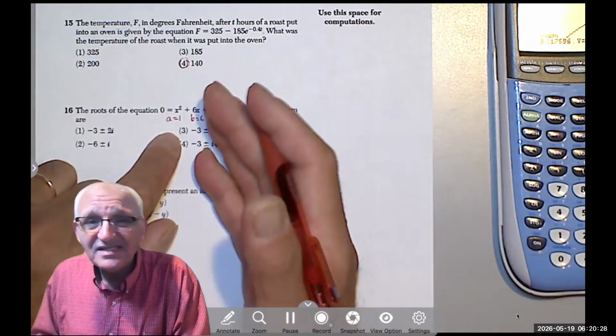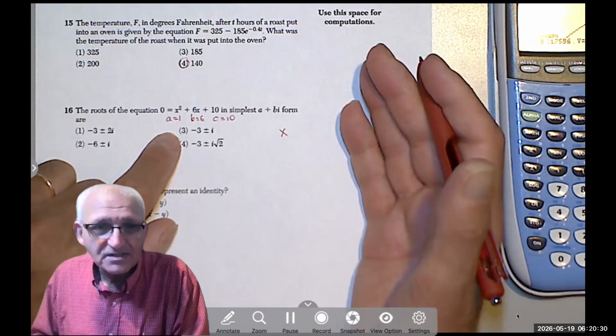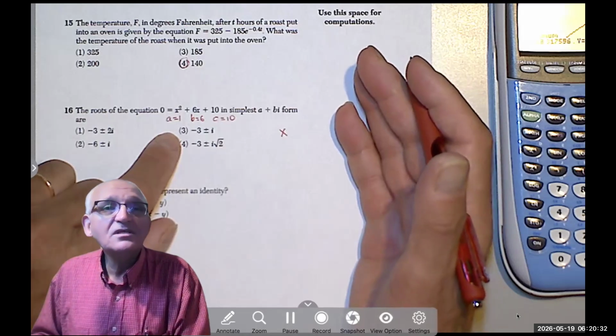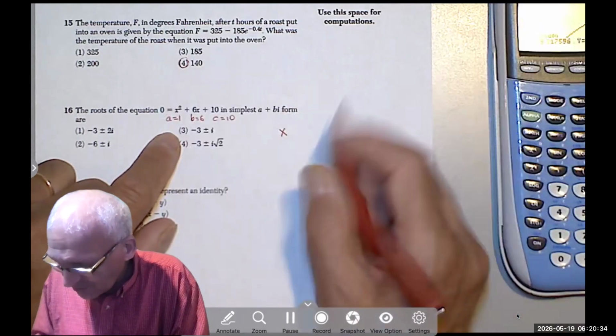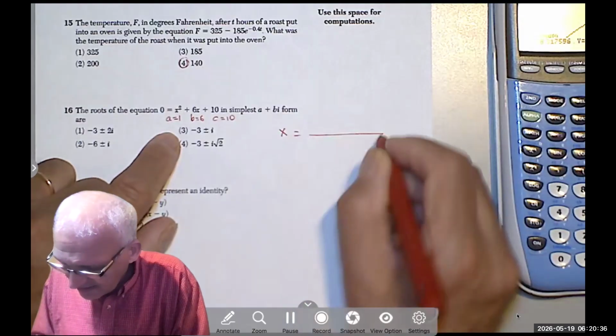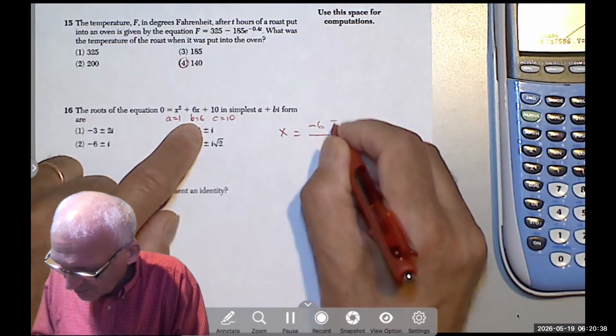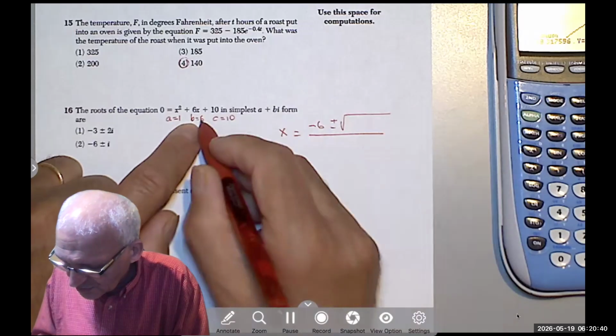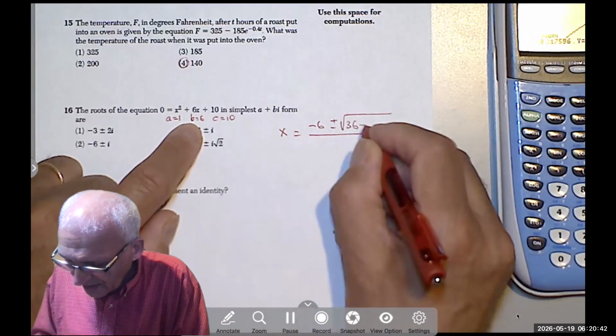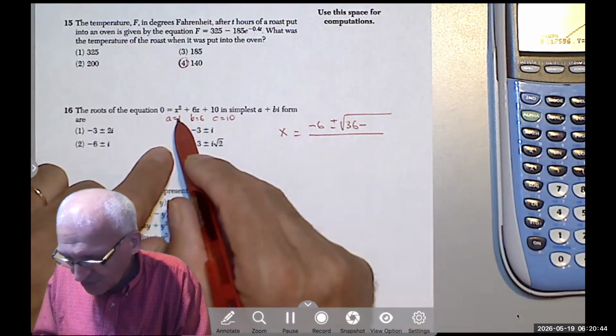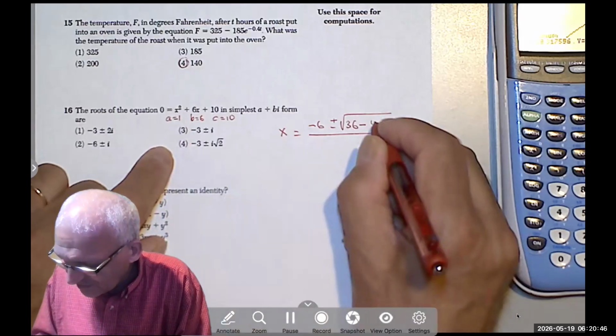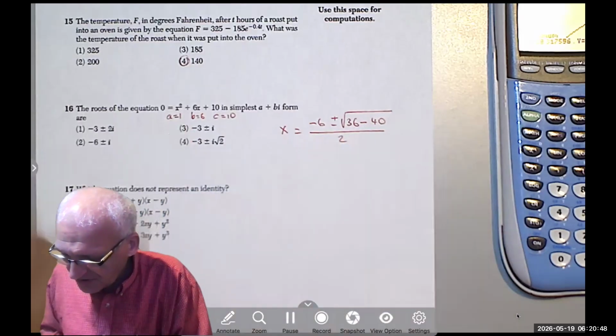In fact, you can even do that with completing the square. They didn't specify which method. So you can say negative b, which is negative 6, plus or minus the square root of b squared, which is 36, minus 4 times 1 times 10, which is 40, over twice a, which is 2.